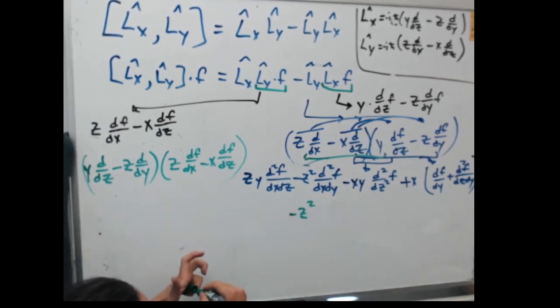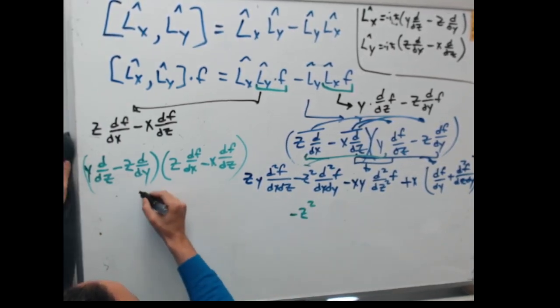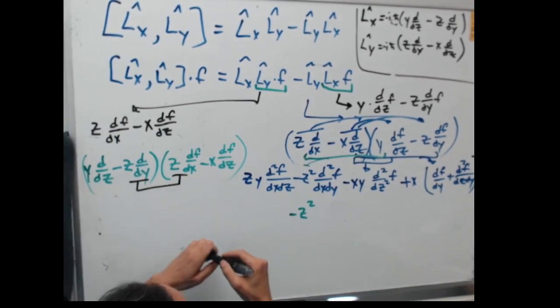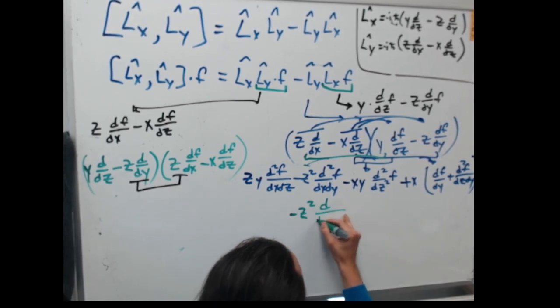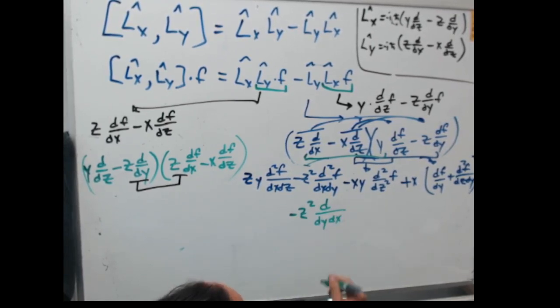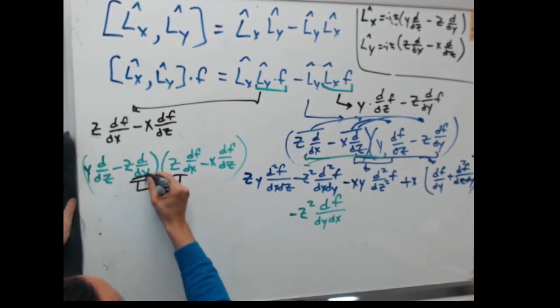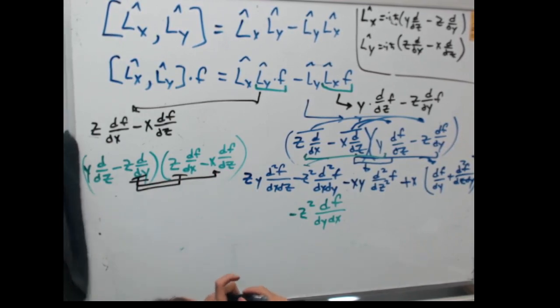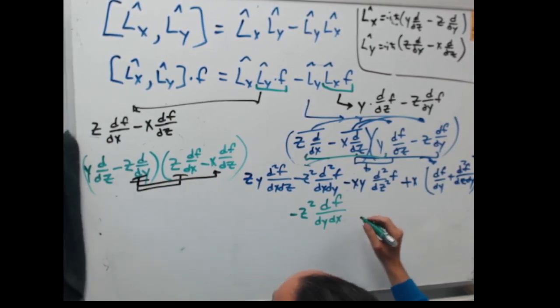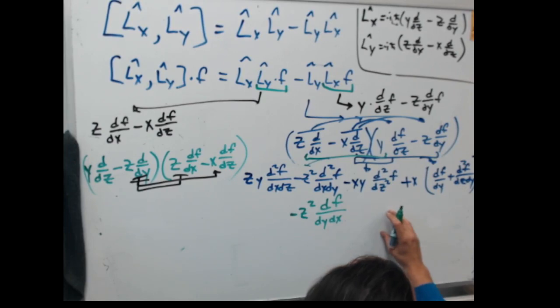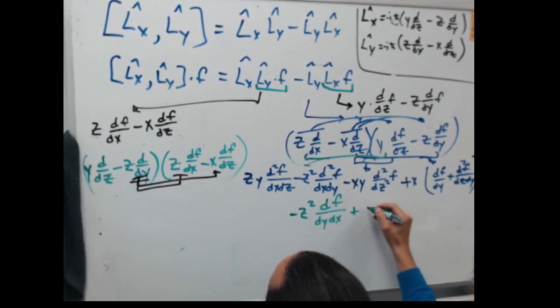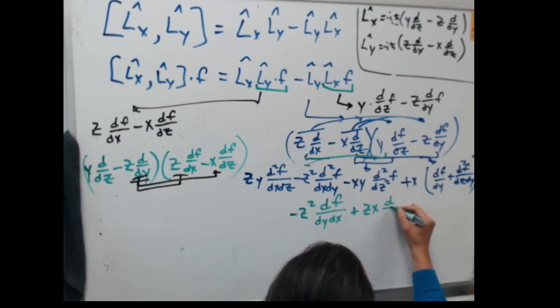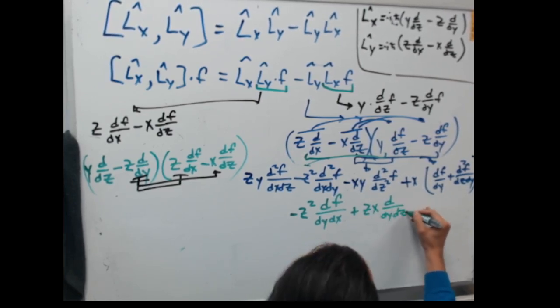So if I look at this term, so if I do this one with this one, I get z squared dy dx of f. And then if I look at this term, that's a zx term. I don't have a zx term. I was hoping I'd have a zx term. Plus zx d dy dz of f.